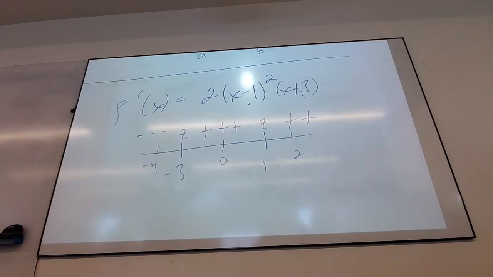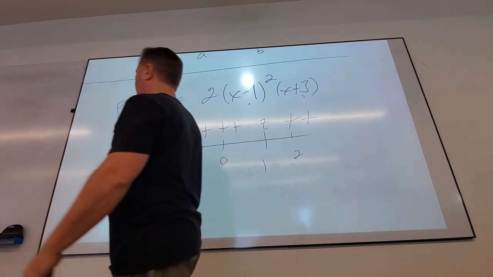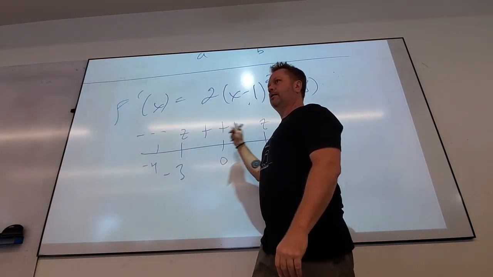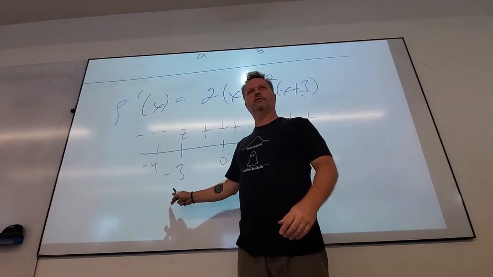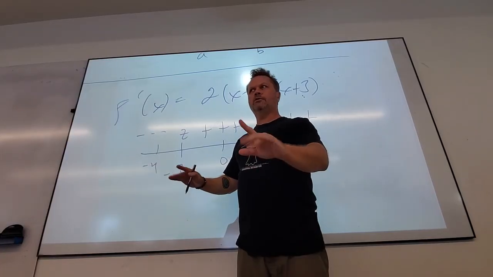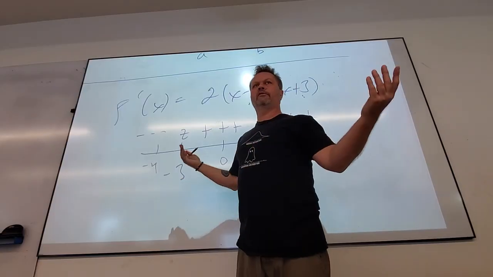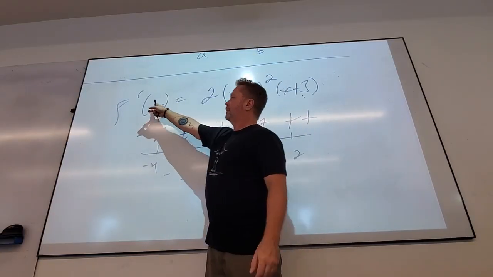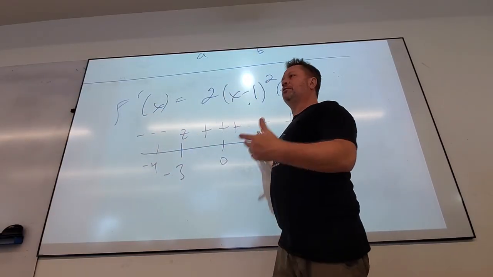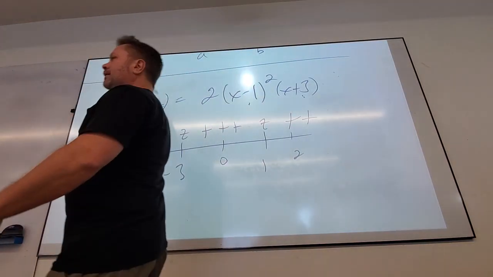If this was a sign diagram for the second derivative, then this would be concave down, this would be concave up, this would be an inflection point location. But do you notice, if I just gave you this picture, you wouldn't know which derivative I'm looking at. Here I told you f prime, but the picture would look the same if this was f double prime.